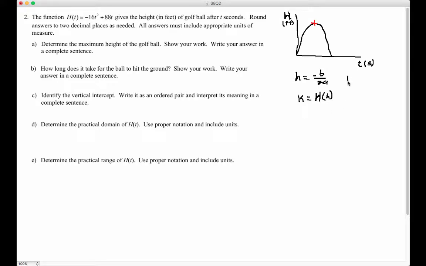We know that b is going to be equal to 88 and a is going to be equal to negative 16. Remember, again, we're thinking about y equals ax squared plus bx plus c. So that tells us that h is going to be equal to minus 88 divided by 2 times minus 16. And when we simplify that, we're going to get back 11/4.